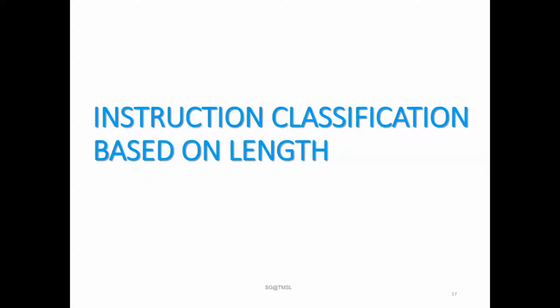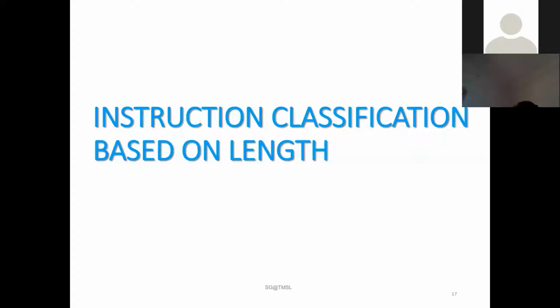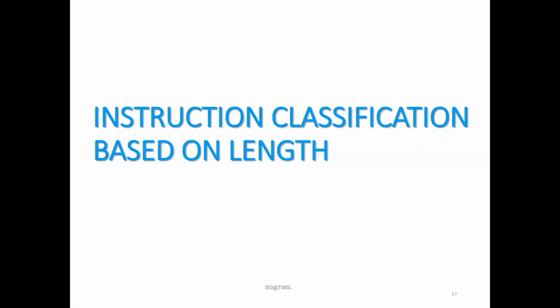Okay, so today I would like to discuss another instruction classification, which is based on the length. That is very important to know, to write any program or logic in practical classes.